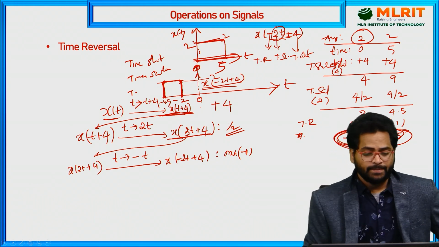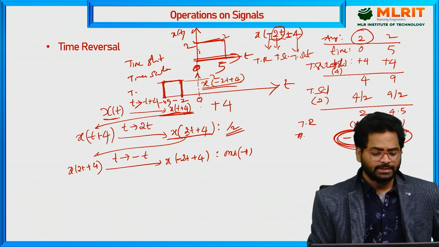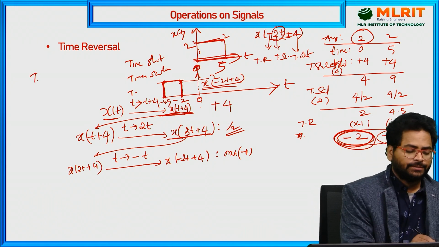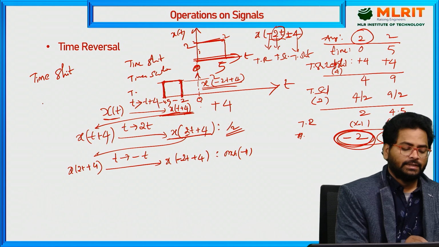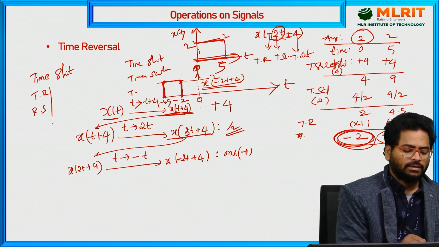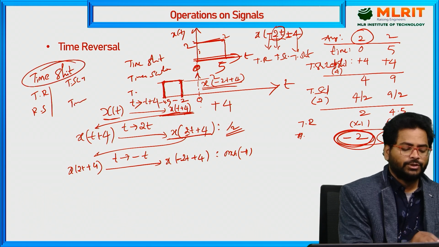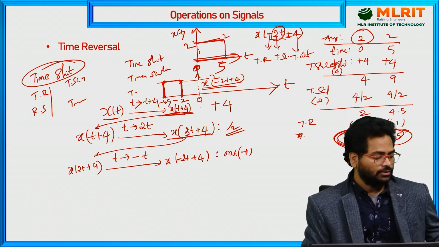This is about the operations on a signal. The main thing you need to remember is to do the time shift first. Then you can do the time reversal or time scaling, or time scaling or time reversal. But first you need to do the time shift, and then you will get the exact solution.